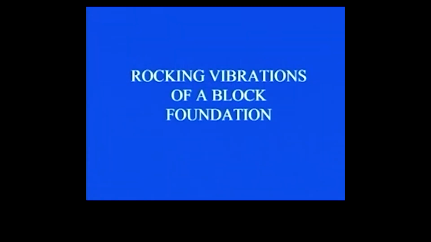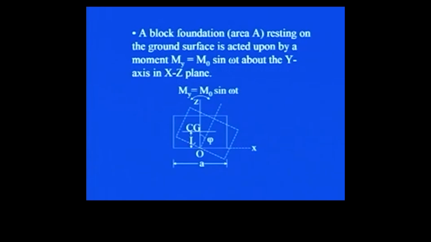Now, let us see the rocking vibration of a block foundation. Rocking vibration means that you are applying a rotation about the y axis. You can see in this figure that if it is a block, this is your z direction, this is the x direction, and in this direction you have the y direction.